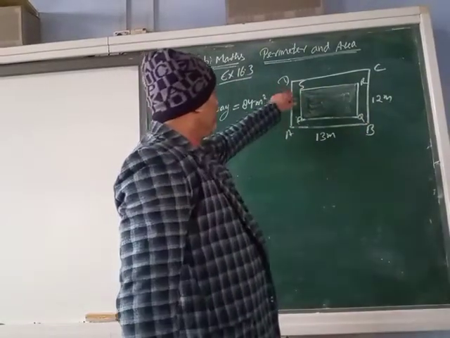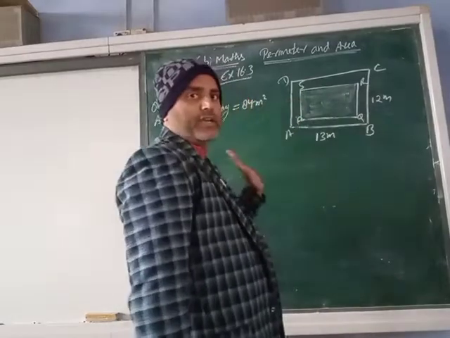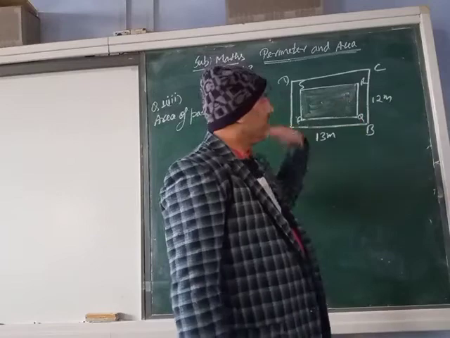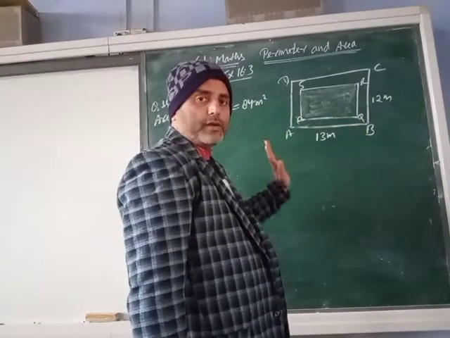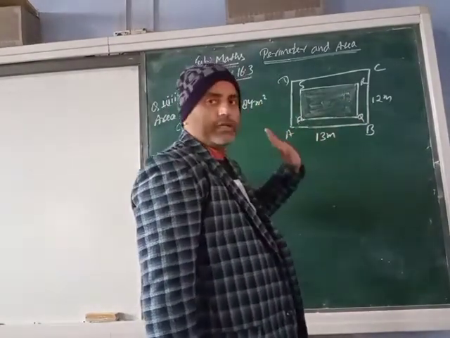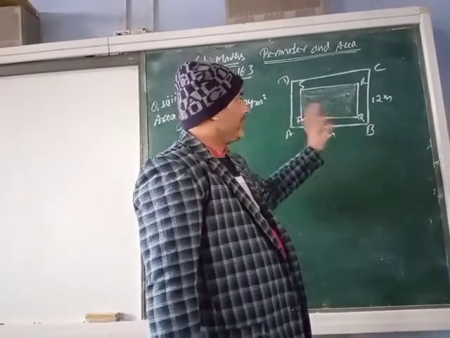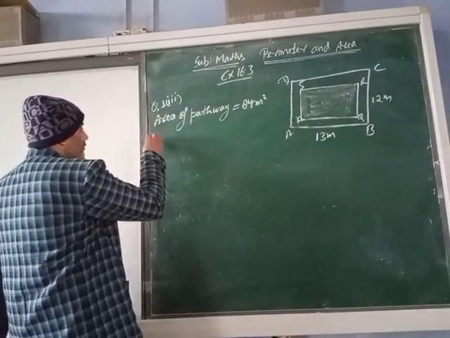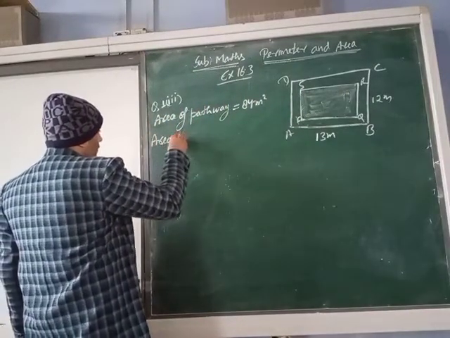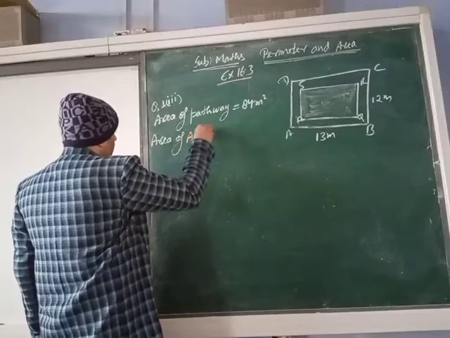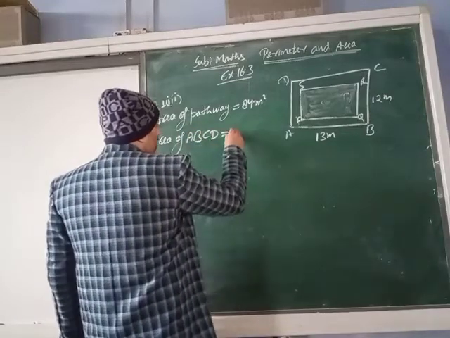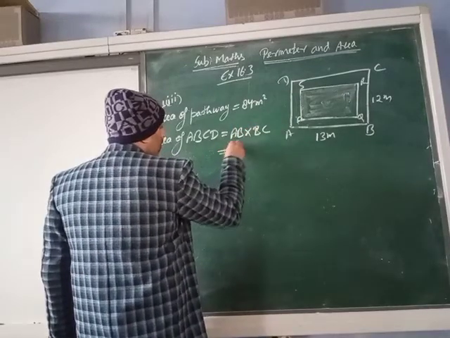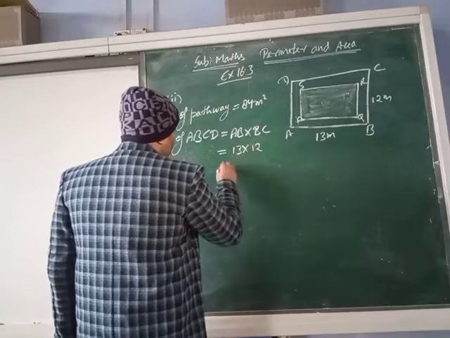See, the pathway's area is given, that is 84 meters square, and the area of rectangle ABCD is to be found. First of all, find out the area of rectangle ABCD. Then subtract the pathway area, then you will find the area of the lawn. Area of ABCD, length AB and breadth BC. AB is 13, BC is 12.